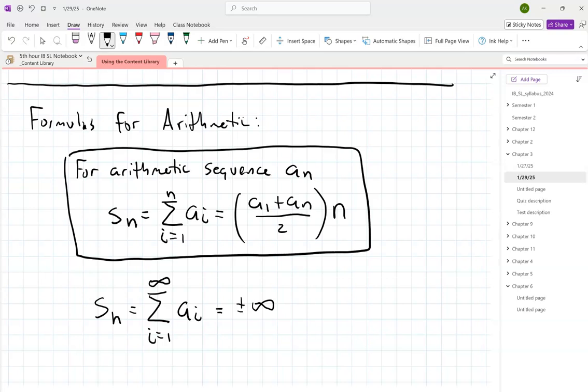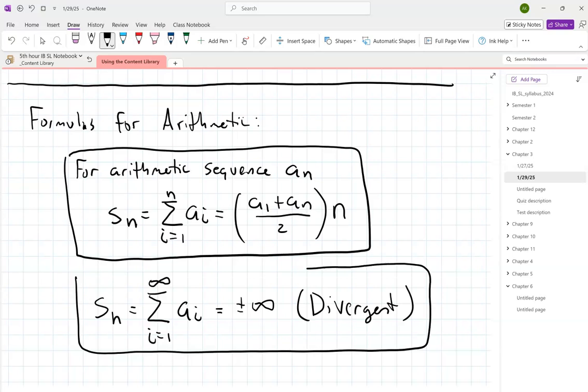It's going to be either positive or negative infinity. The word we use in mathematics is we say that's divergent, or we'd say that series diverges. But that's true for all arithmetic sequences.